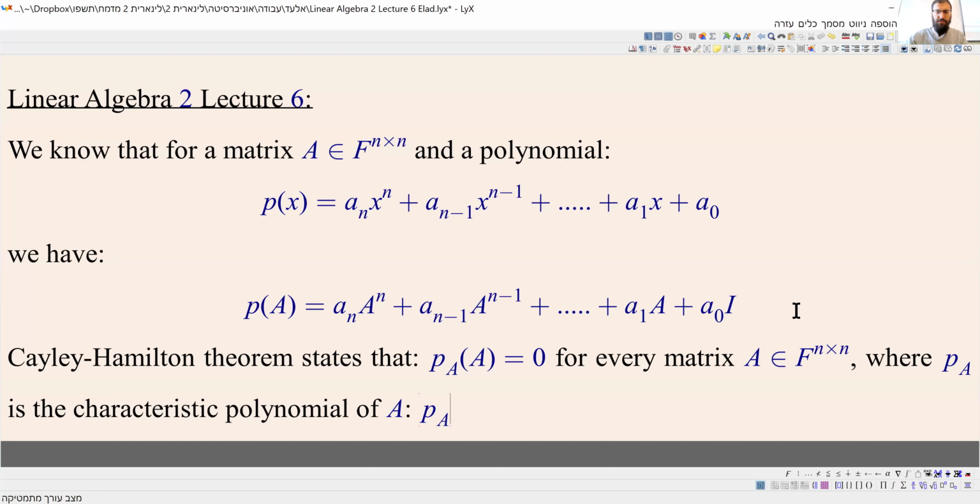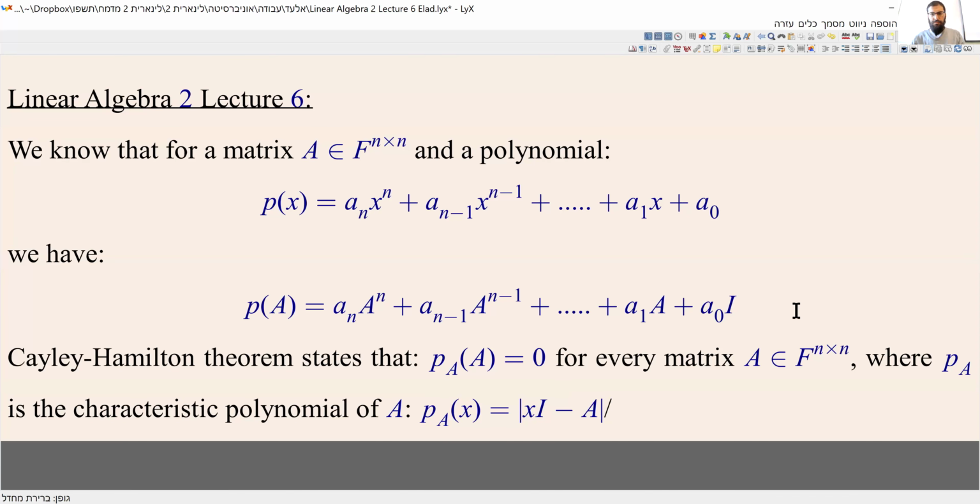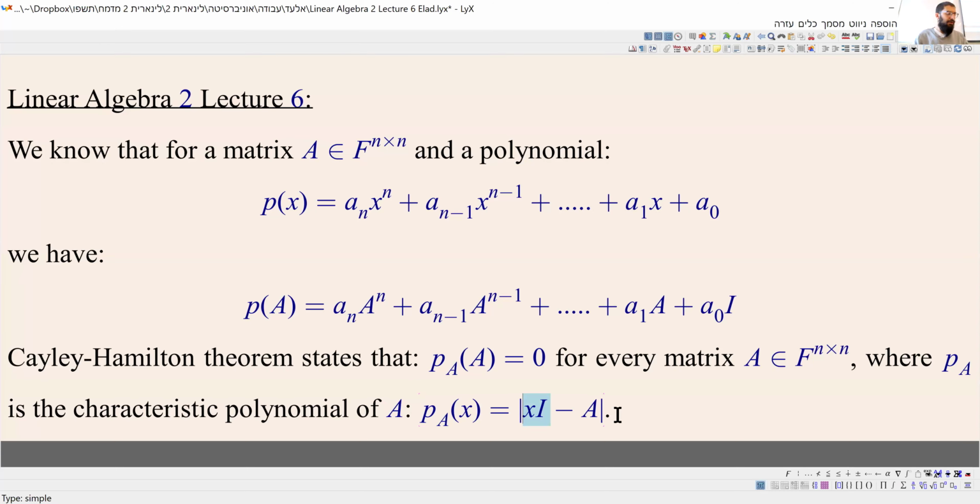By definition, p_A(x) is the determinant of xI minus A. Looking at the characteristic polynomial that way, we actually have something very simple. If we put A instead of x, we get AI minus A, and we get the determinant of 0, which is 0, which is pretty logical as a proof of this theorem somehow.